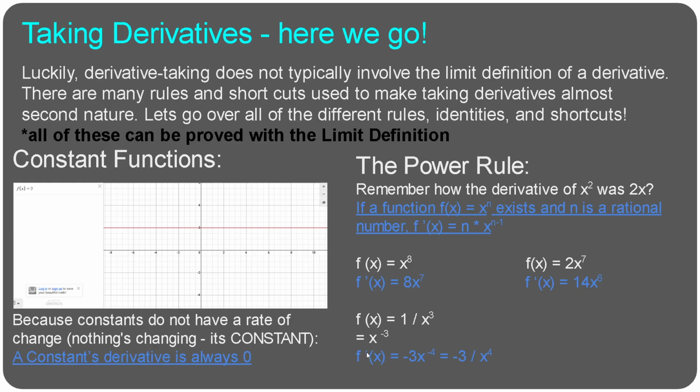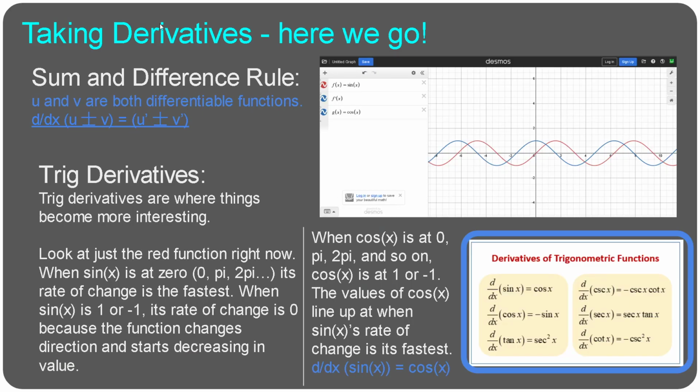And then using the power rule can show us that f prime of x is equal to negative 3 times x to the power of negative 4, which once again, using the same exponent rule, you can rewrite as negative 3 divided by x to the power of positive 4. So power rule is a really big important one. Constant functions really easy. Let's talk more.